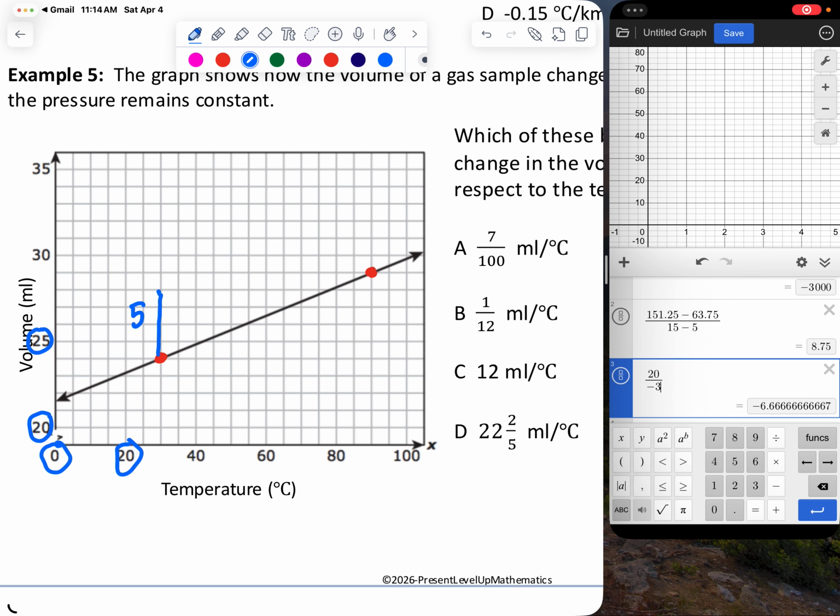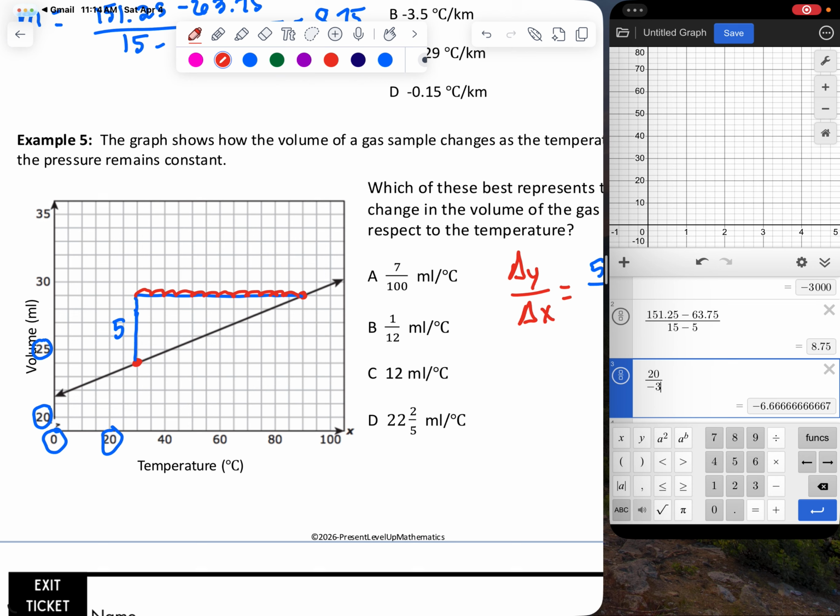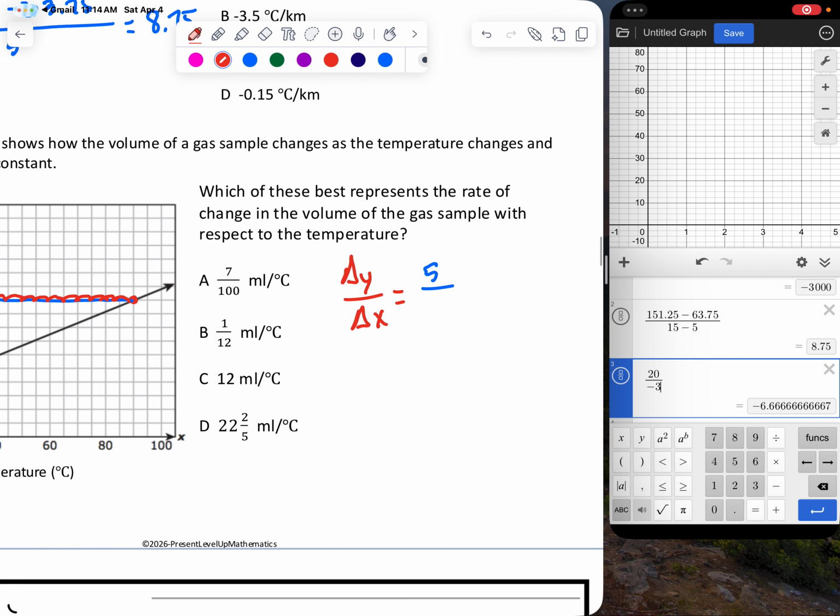Let me redraw that. So, all right, let's talk about my jumps. 5, 10, 15, 20, 25, 30, 35, 40, 45, 50, 55, and 60. So I'm going over, my change in x is 60.